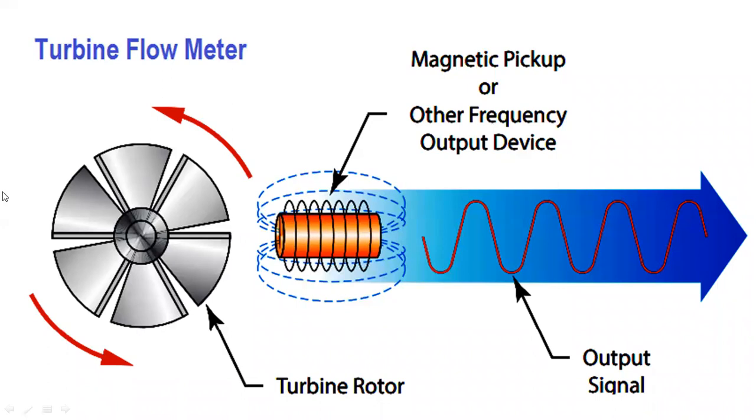The fluid passes through the vanes. Suppose the fluid is passing in this direction. Automatically the fluid touches the vanes, and the vane rotates in this direction.